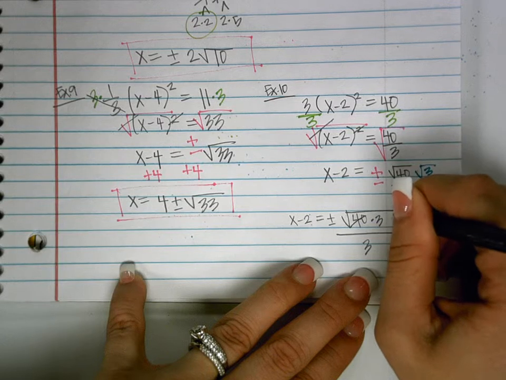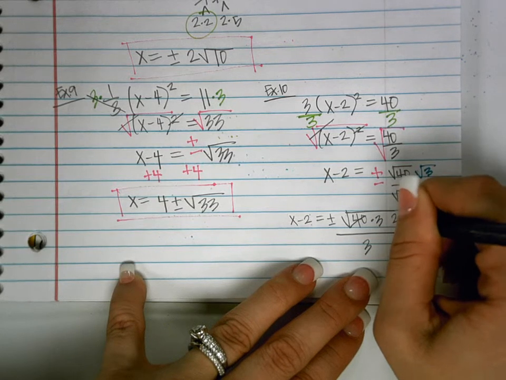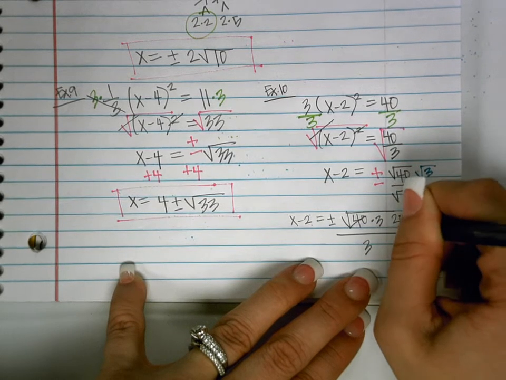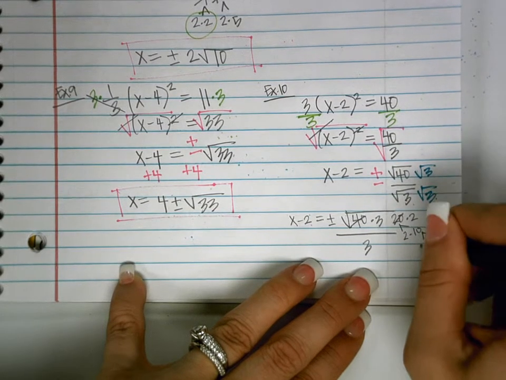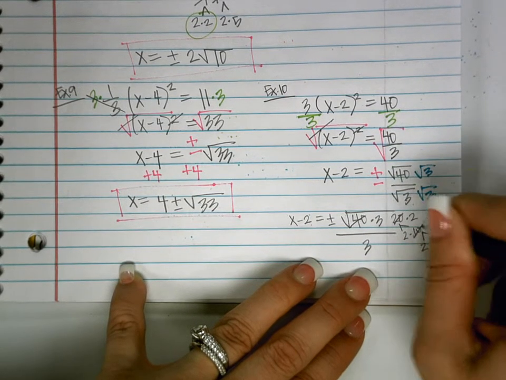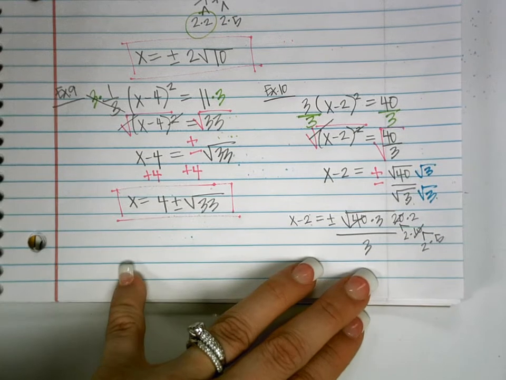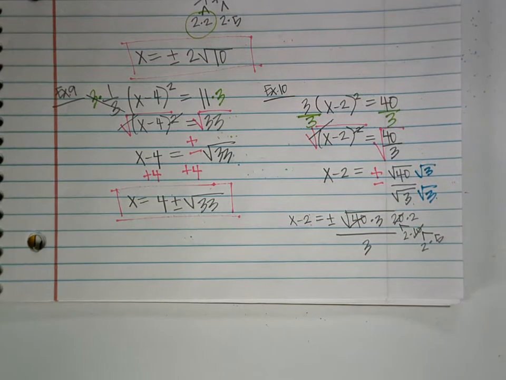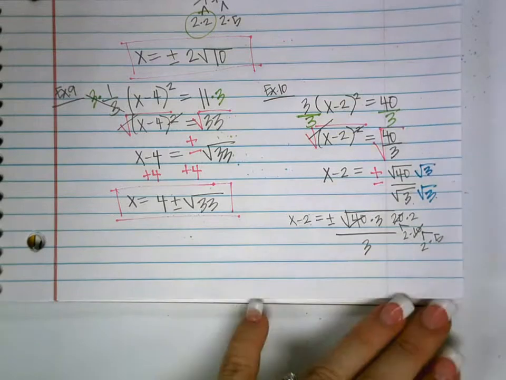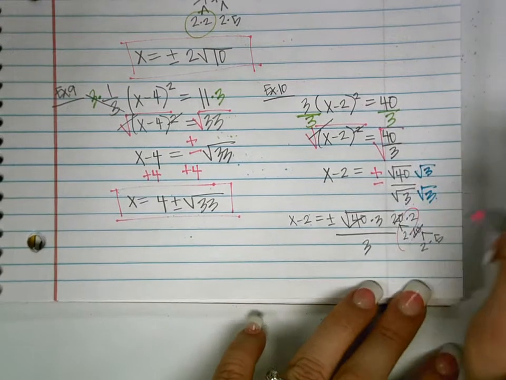Okay, so 20 times 2. 20 breaks down to 2 and 10. 10 breaks down to 2 and 5. So make sure you cross things out once you've broken them down. Otherwise, it gets really confusing. So what can I take out here? I have a pair of 2's.